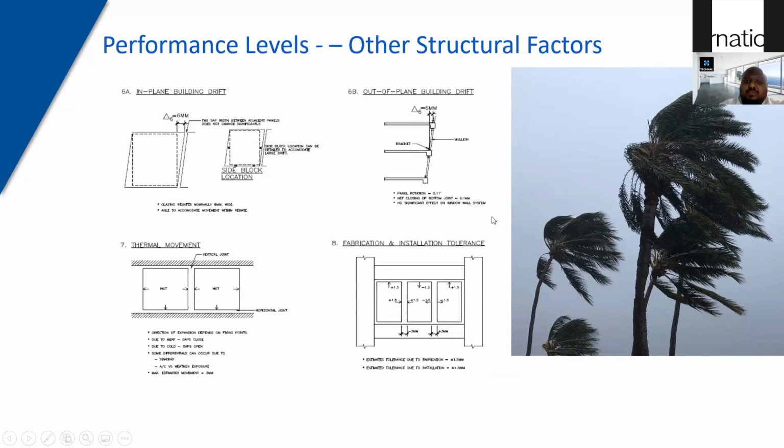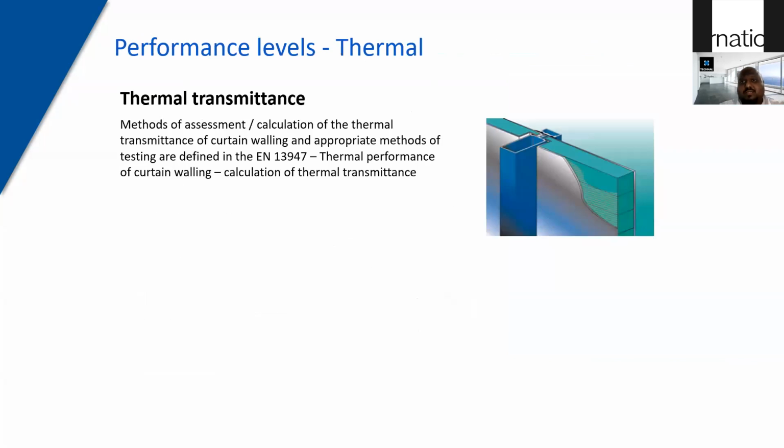Early engagement with your curtain wall supplier helps you to resolve a lot of these issues, and working closely with your structural team, the right curtain wall can be designed. Again, no project is the same as another project, and we have to treat every project in a unique fashion. Right, that takes us to the next performance factor, which is thermal transmittance.